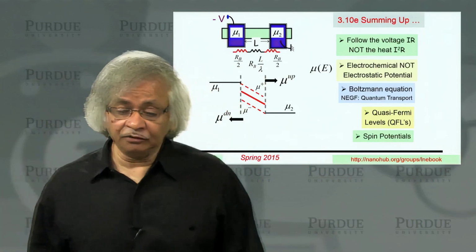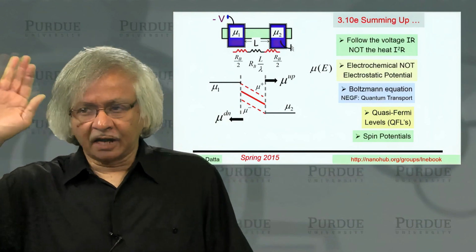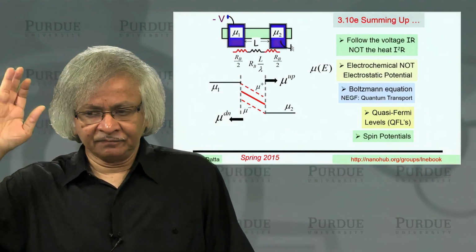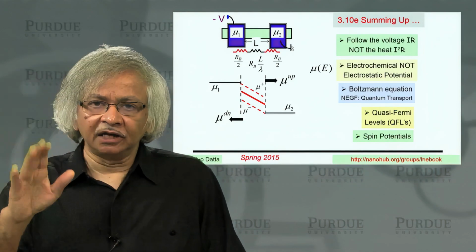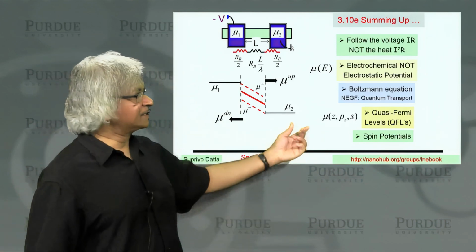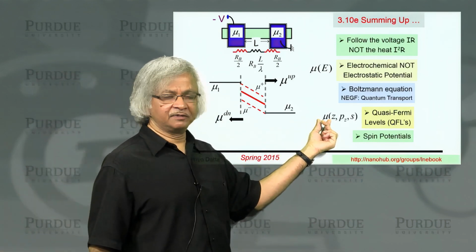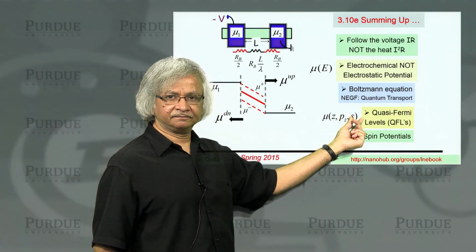And in general, you could actually have four quasi-Fermi levels: upspin moving to the right, downspin moving to the right, upspin moving to the left, downspin moving to the left. That is, in general, you could have a quasi-Fermi level for a particular momentum and a particular spin direction.